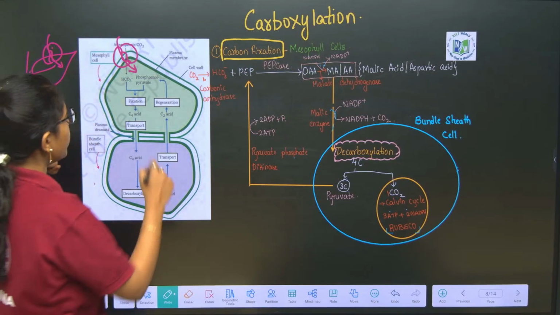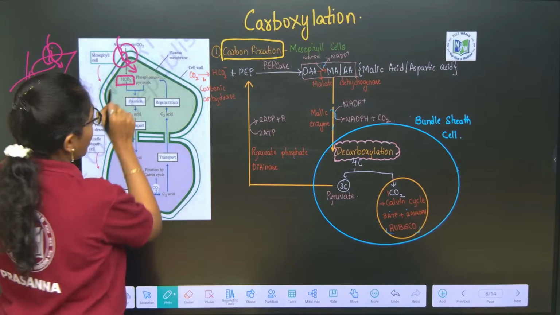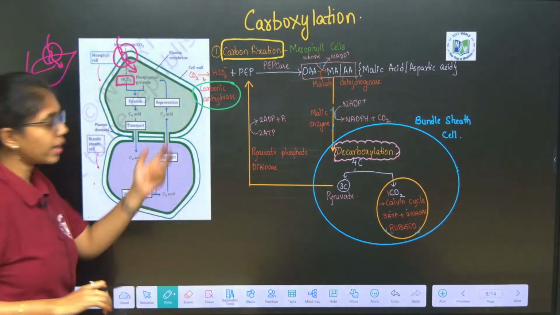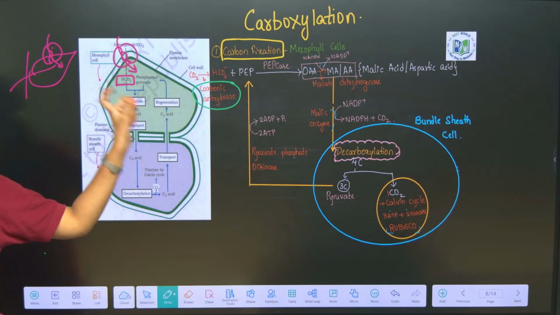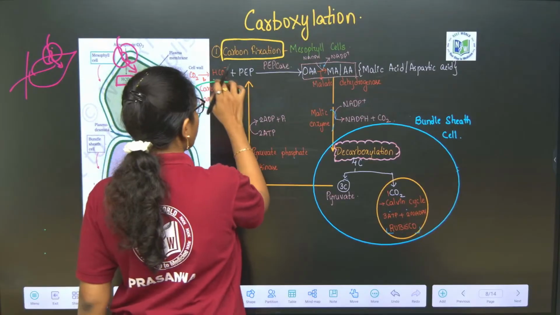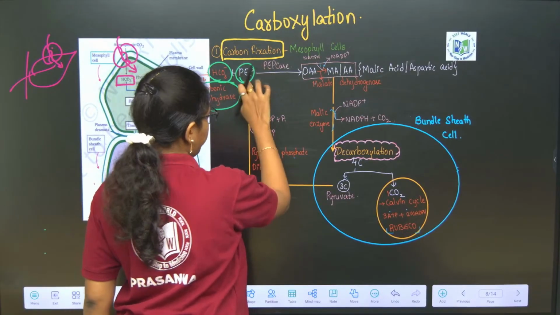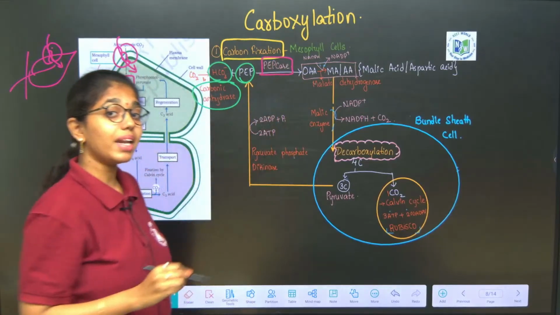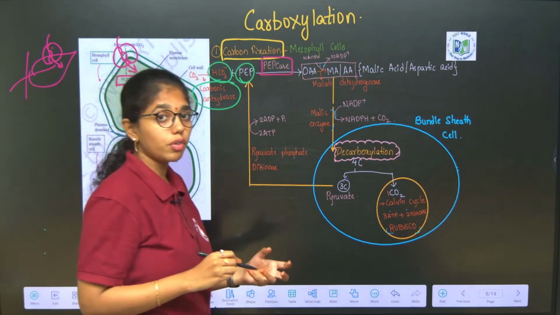Carbon dioxide will be turned to hydrogen carbonate by the enzyme carbonic anhydrase. This hydrogen carbonate combines with PEP by the enzyme PEPcase. So, what is the primary acceptor of carbon dioxide in the C4 cycle?